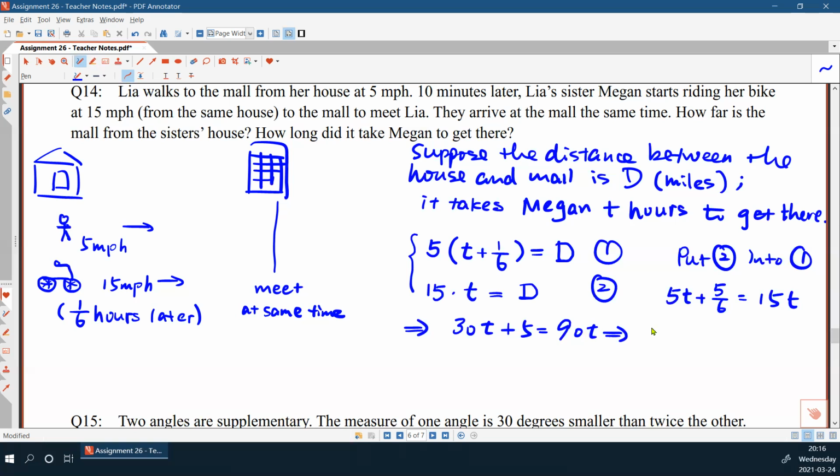So what is t here? I mean 60t equals 5, right? So t is 5/60, which is 1/12 hours. Remember the unit is hours, right?